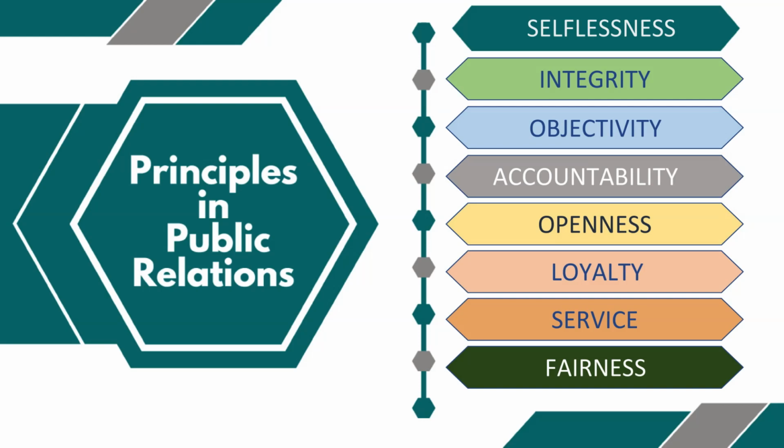The next is accountability. Holders of public office should be accountable for the actions taken by them. Public relationships require transparency and accountability in order to ensure fairness in public dealings and increase public confidence.